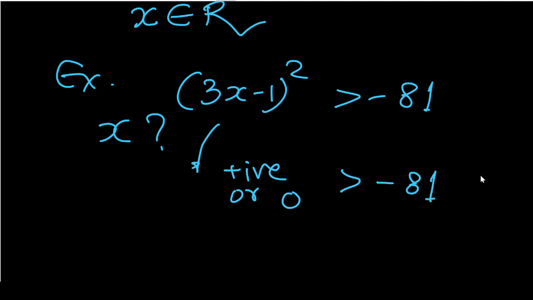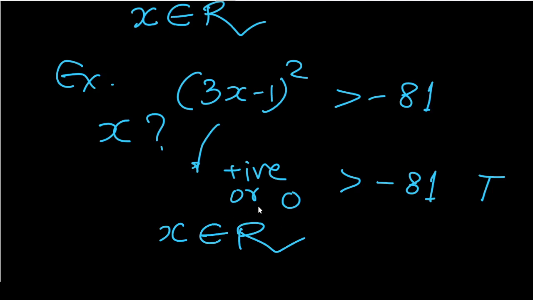So in any case, whether (3x minus 1) whole square is positive or 0, this will always be greater than minus 81. So this is true. In this case also the answer would be all real, x belongs to R.